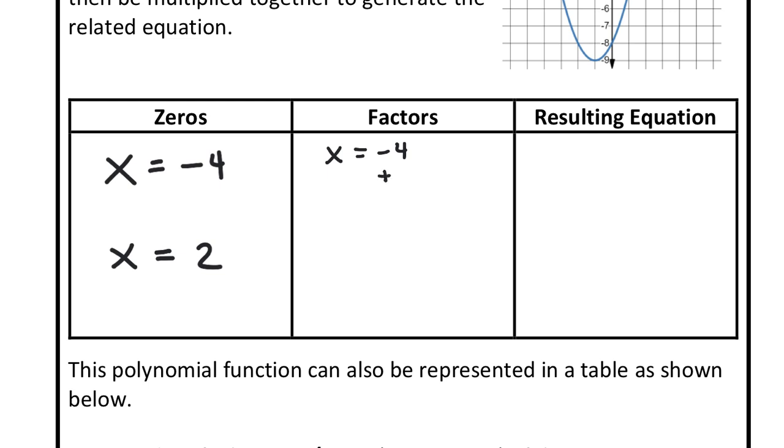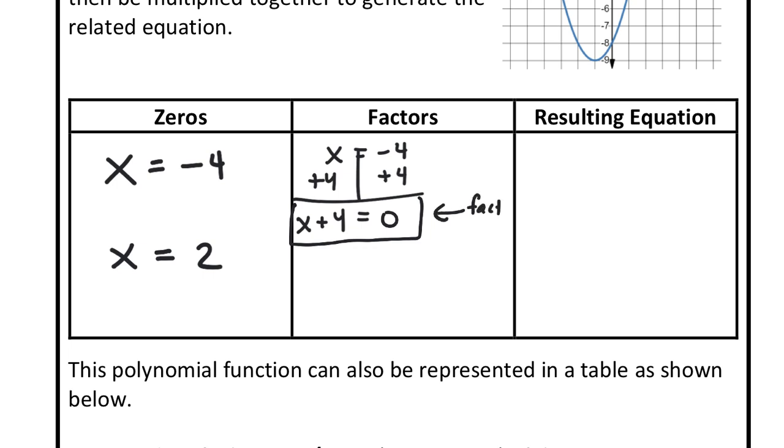We're going to do +4 on both sides. And so that's going to give me x plus 4 on the left equals -4 plus 4 is 0. So this is one of my factors here. This is a factor.